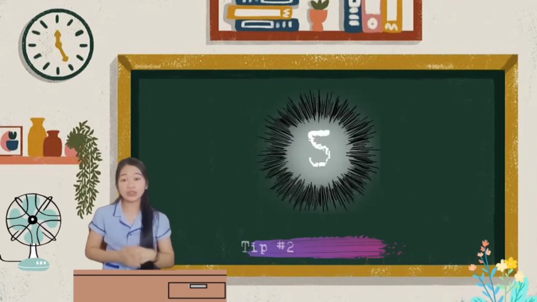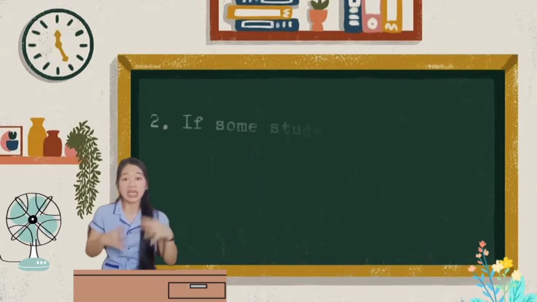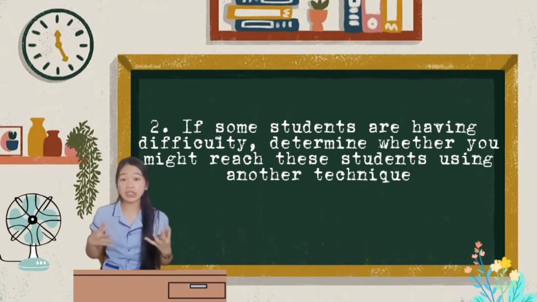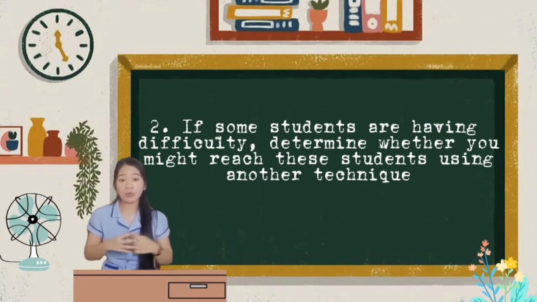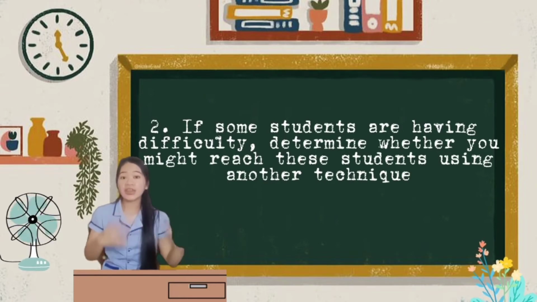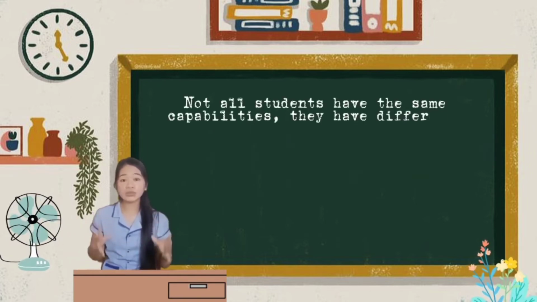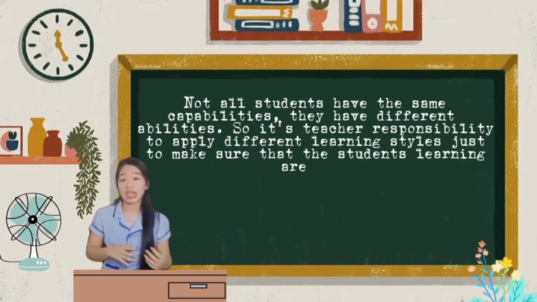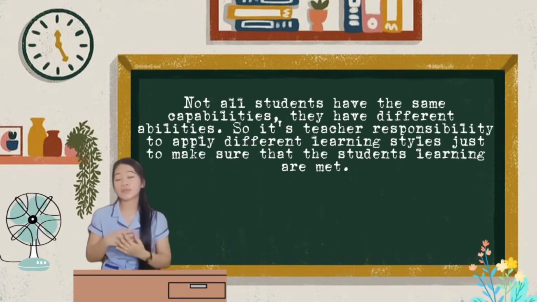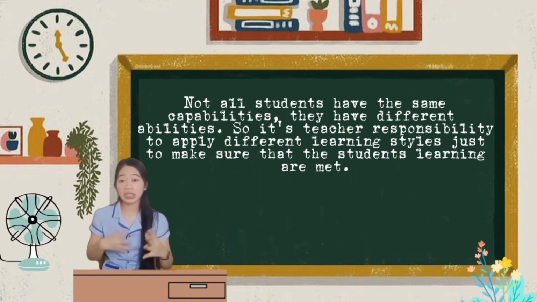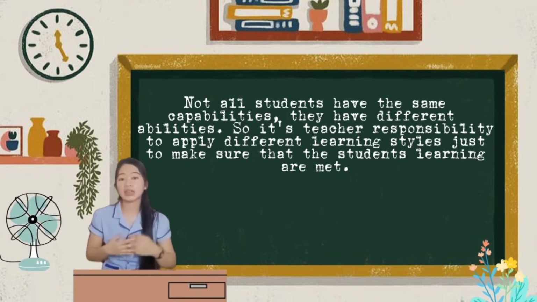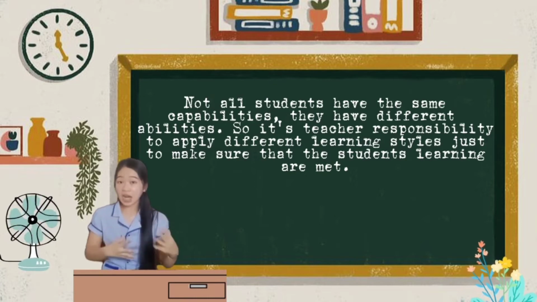Now let's proceed to the second tip, which is: if some students are having difficulty, determine whether you might reach these students using another technique. Not all students have the same learning capabilities. It's the teacher's responsibility to apply different learning styles to make sure that the students' learning needs are being met.